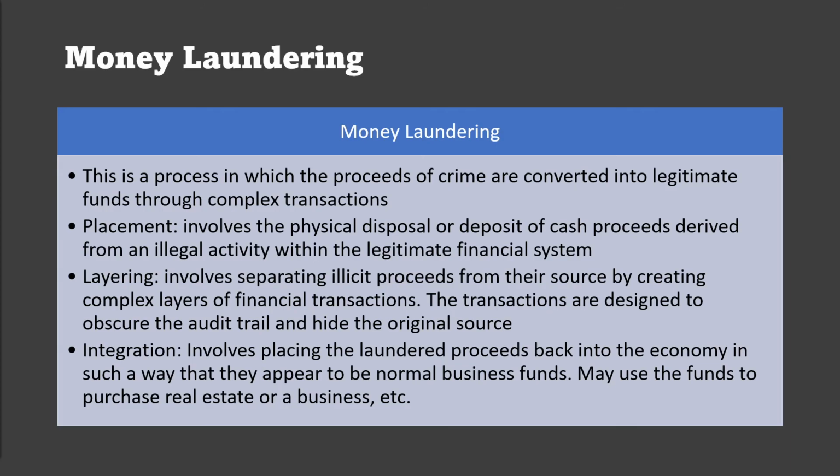Then you have integration, which involves placing the laundered proceeds back into the economy in such a way that they appear to be normal business funds. You may use the funds to purchase real estate or a business, etc. By the time the funds reach a dealer member, they will likely have already gone through the placement phase, since we can't accept cash, only things like checks or electronic transfers.